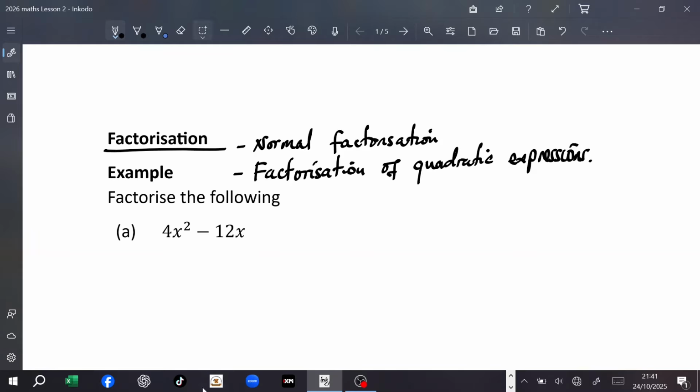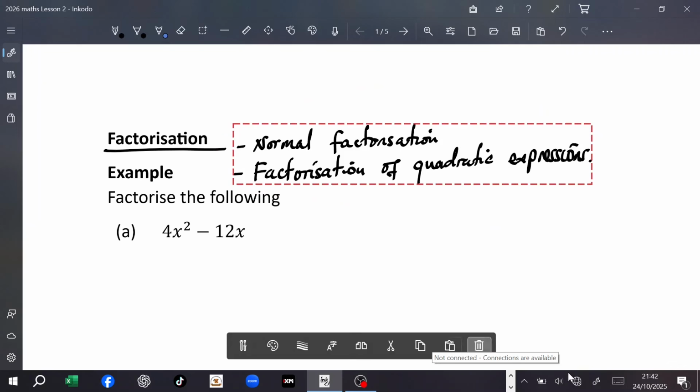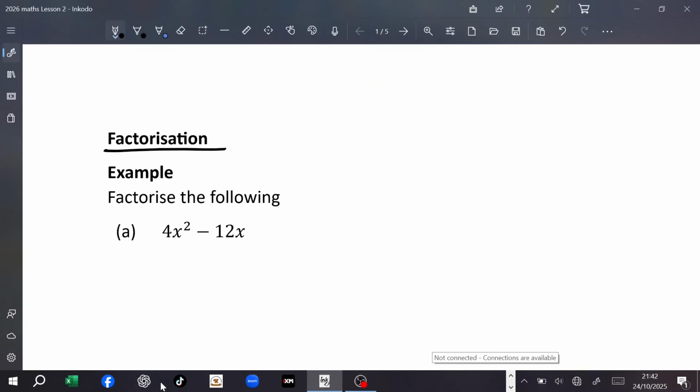So now, to begin with, you have to understand what factorization is. So as always, I have to explain.